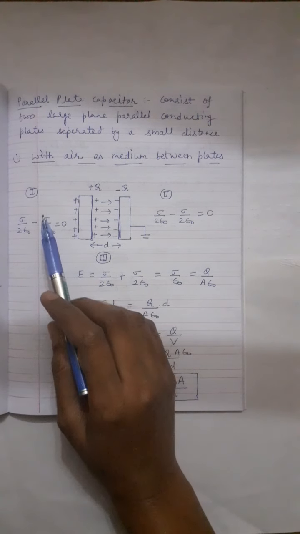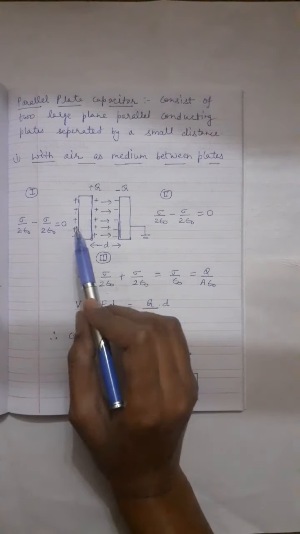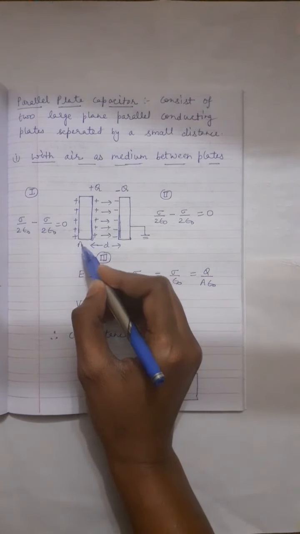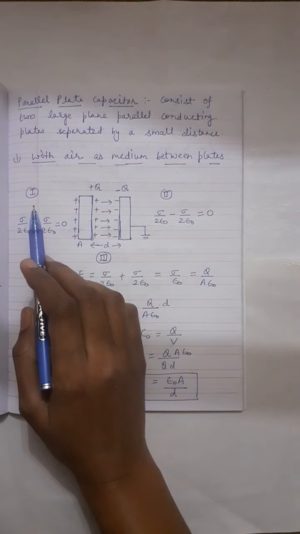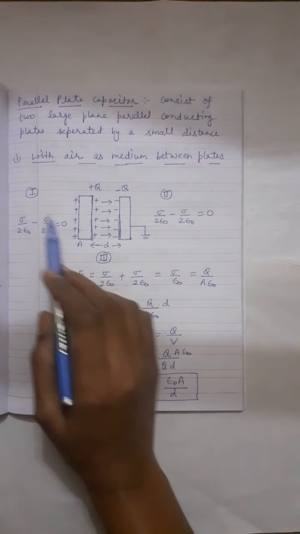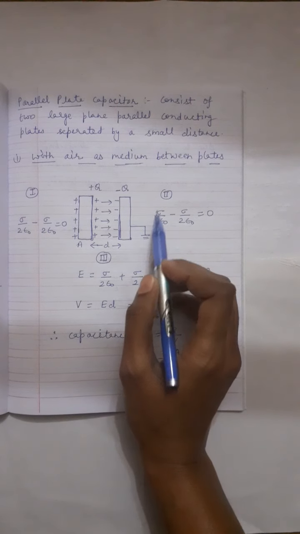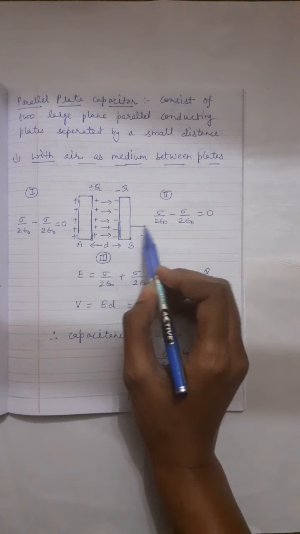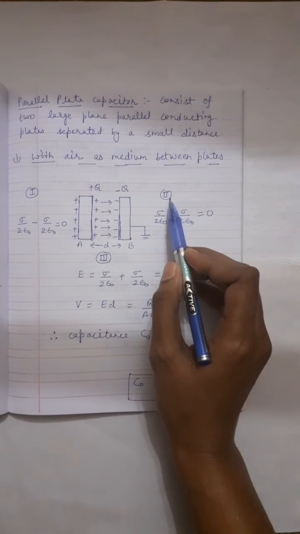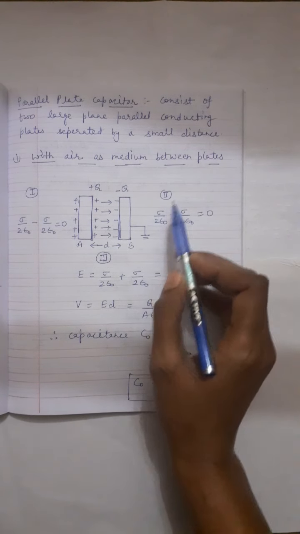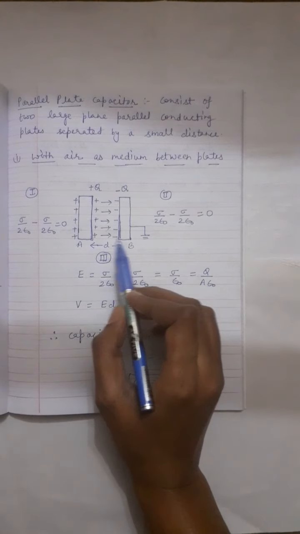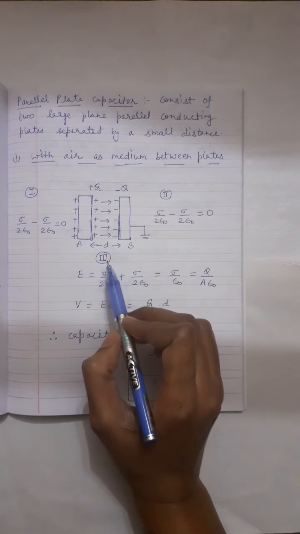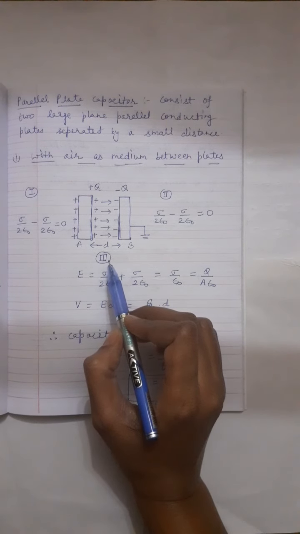We will calculate the electric field to the left of plate A, which we have named region 1, and the electric field to the right of plate B, which we have named region 2. And third, we will calculate the electric field in between these two plates, and this region is known as region 3.